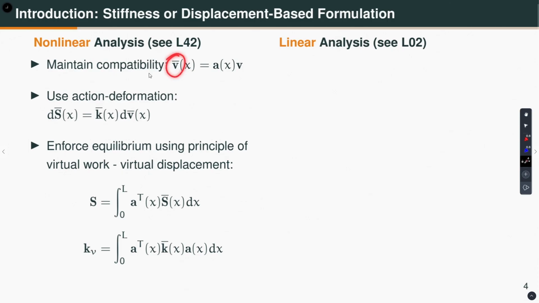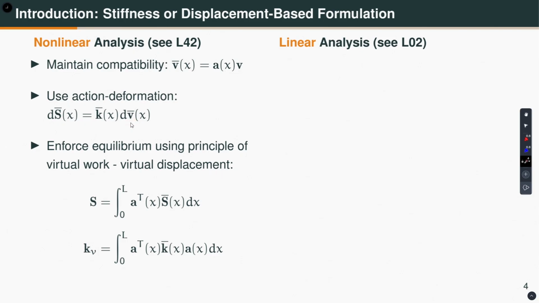V bar is for the deformations at the section level, and x stands for any distance x measured from some reference position. Okay. So, this is our compatibility relationship, and then we use the action-deformation relationship, which is that the incremental section force is equal to the section tangent stiffness matrix multiplied by the incremental section deformation vector.